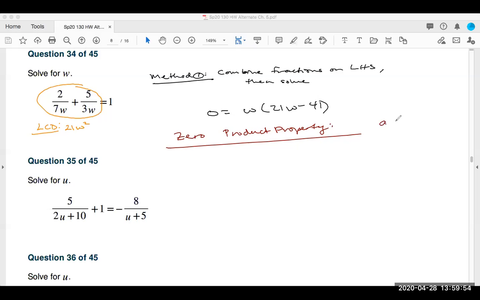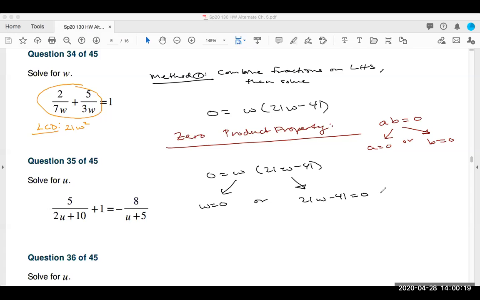So if A times B equals 0, then A can be 0 or B can be 0. So in our case up here, we have W equals 0 or 21W minus 41 equals 0.